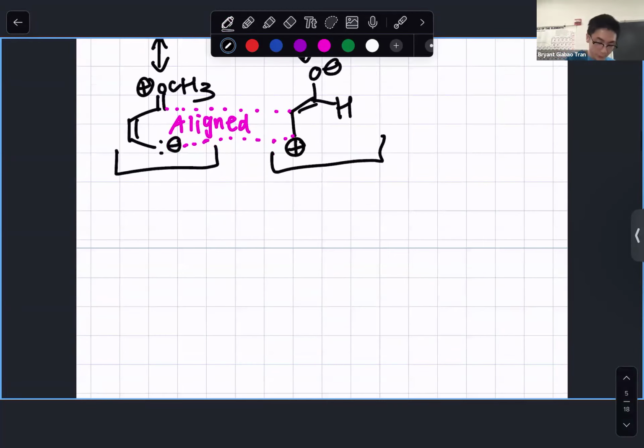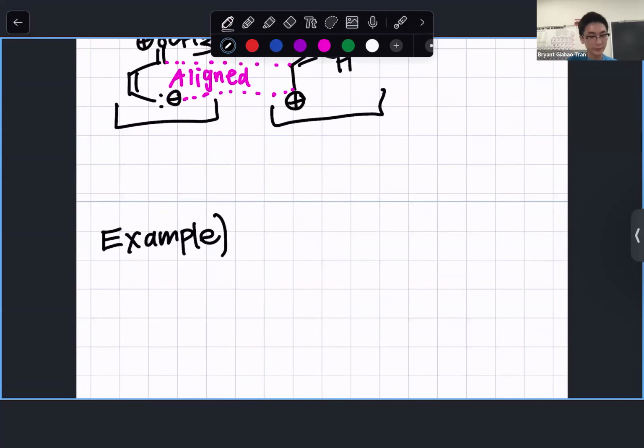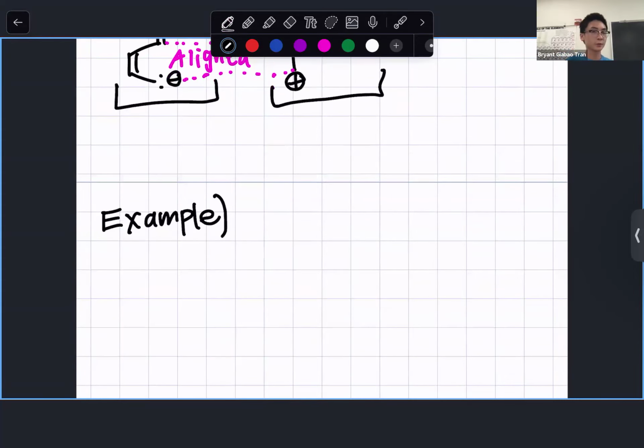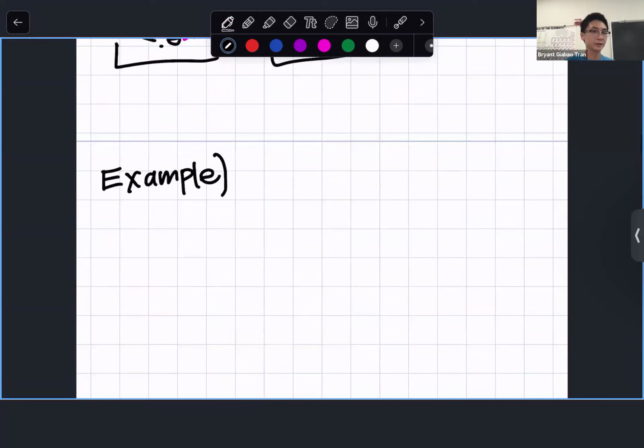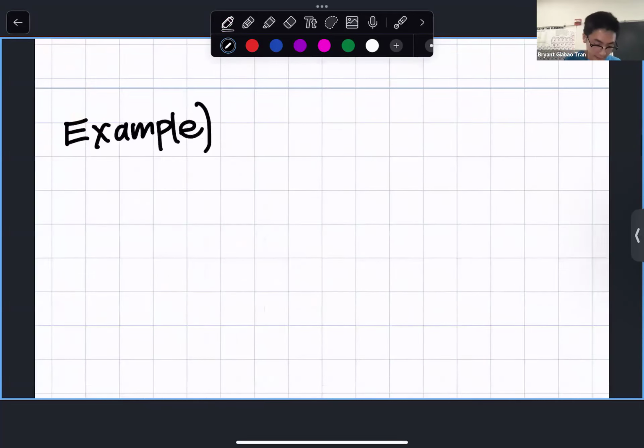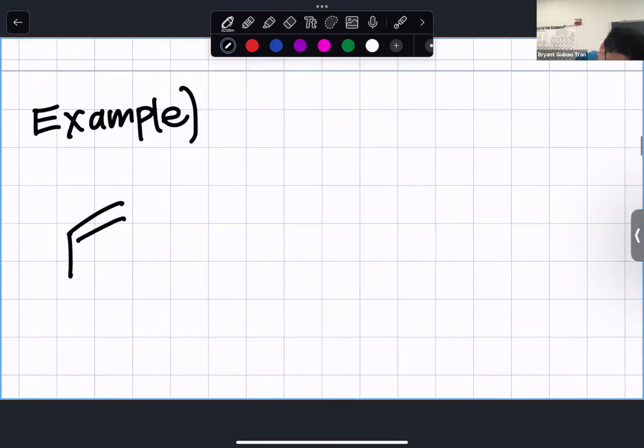Now let's look at another example where they do not align, and he could give you that on the exam, where if they do not align, you have to flip either the diene or dienophile to make it align. So let's say we have this diene here with this EDG, and this dienophile here with this EWG.